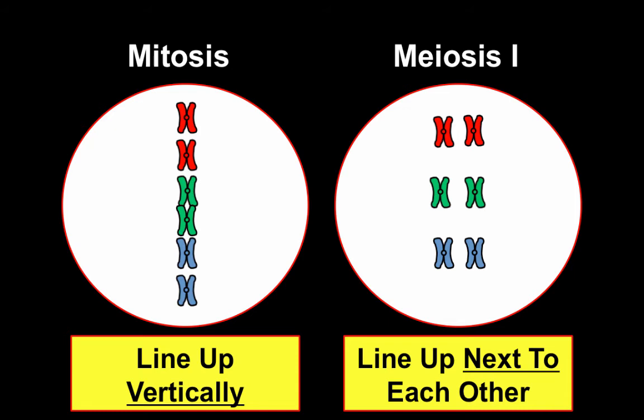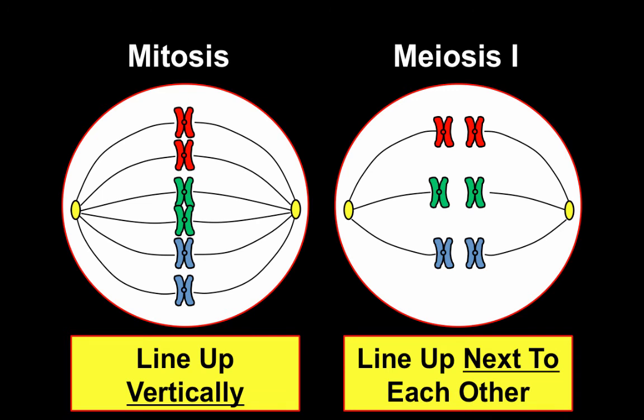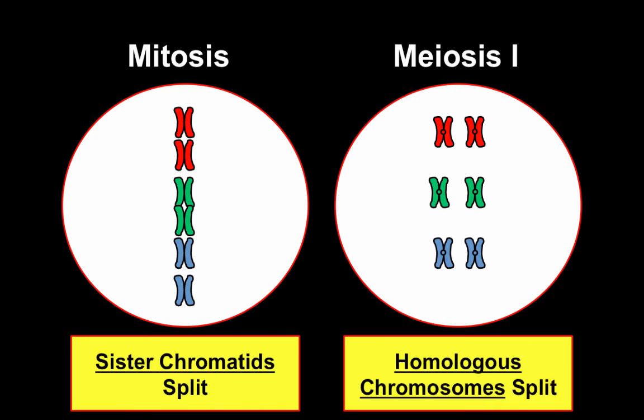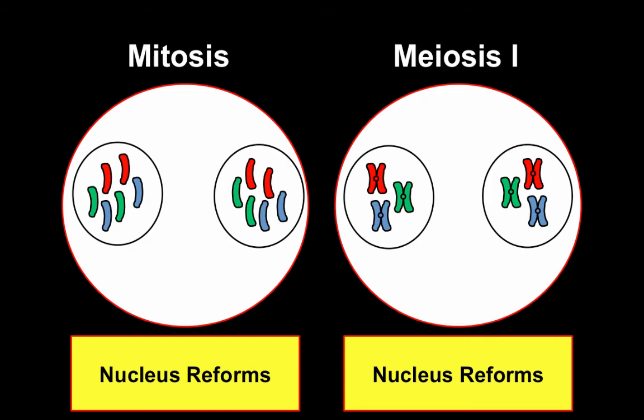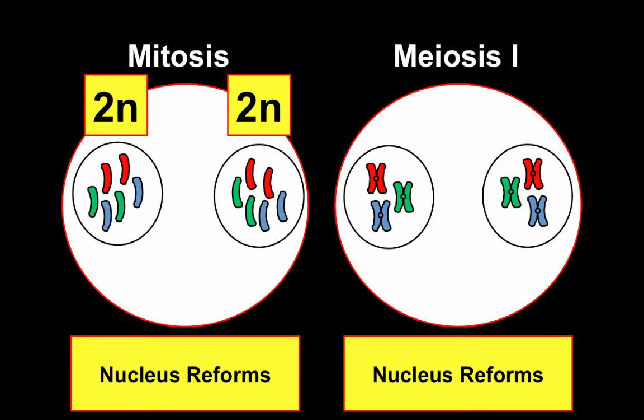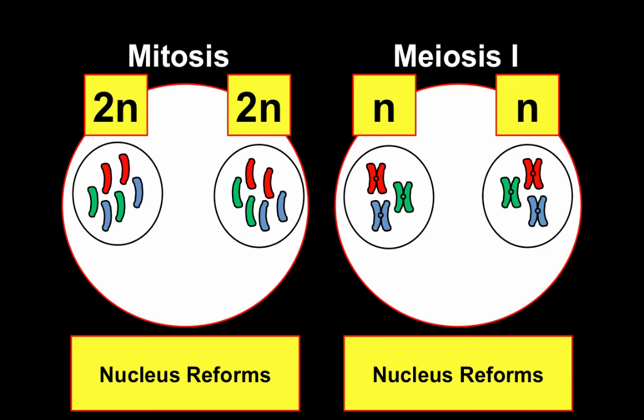That's how in this first step we actually go from 2N to N. So now, when they split, sister chromatids in mitosis, homologous chromosomes in meiosis, when that nucleus reforms in mitosis, I've kept the same number of chromosomes. In meiosis, I've cut it in half. So remember, meiosis cuts the number of chromosomes in half.